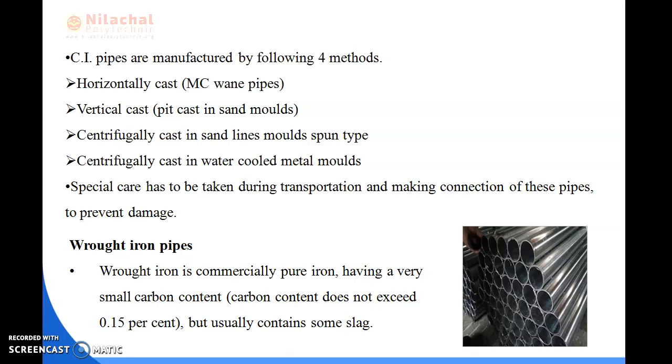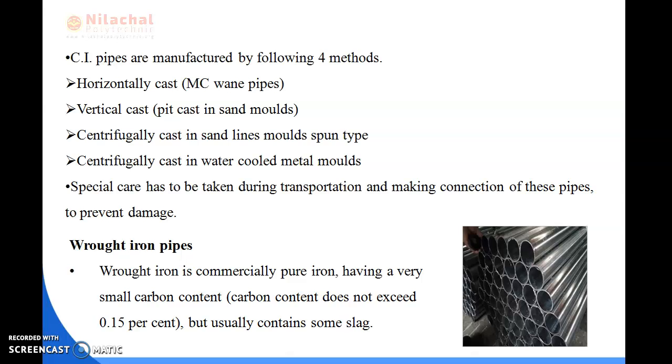Next we will be reading about wrought iron pipes. Here you can see the diagram of wrought iron pipes. Wrought iron is commercially pure iron having a very small carbon content, that is, the carbon content does not exceed 0.15%, but it usually contains some slag.